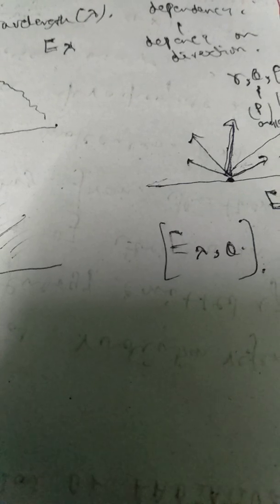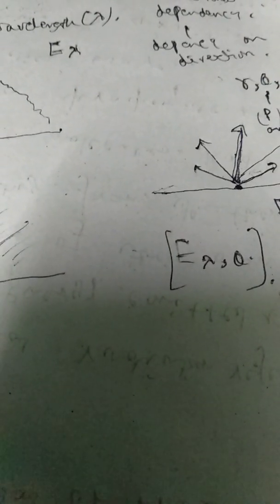This is basically the summary. We have to consider both spectral and directional dependency when we define any radiative property or any radiation-related terminology.